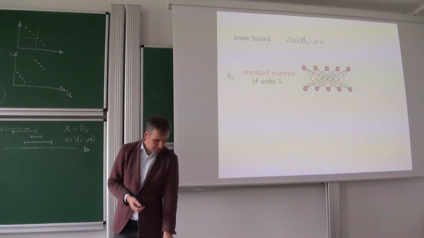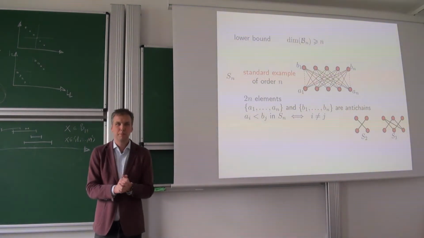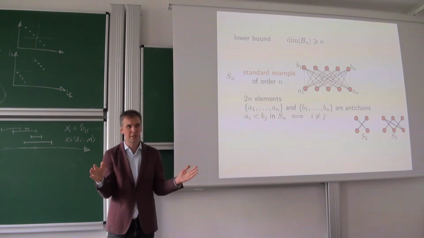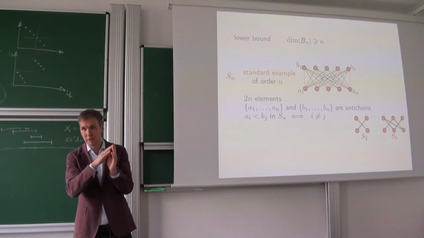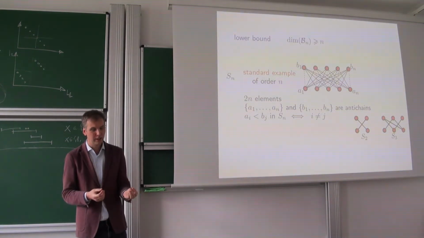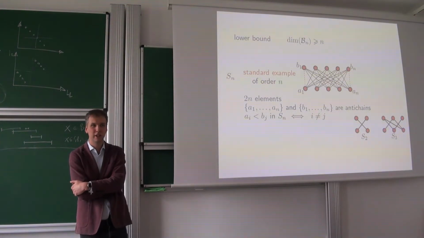So that's a standard example of order 5, and in general, a standard example of order n is a poset on 2n elements, where the minimal elements, let's call them A1 to An, and the maximal elements B1 to Bn. And now Ai is less than Bj if and only if i and j are distinct.